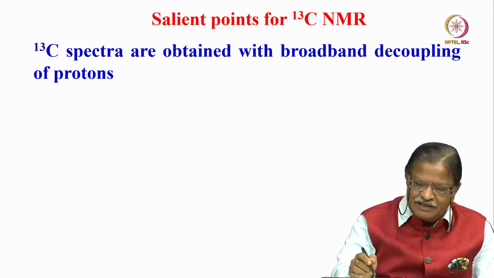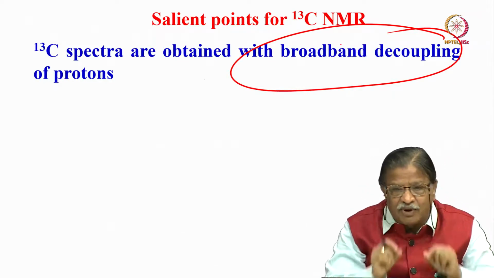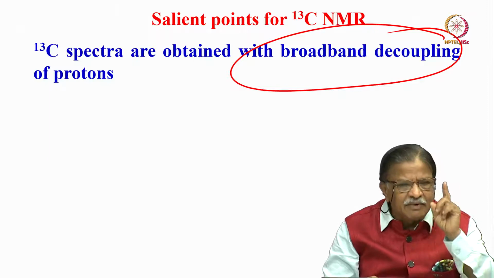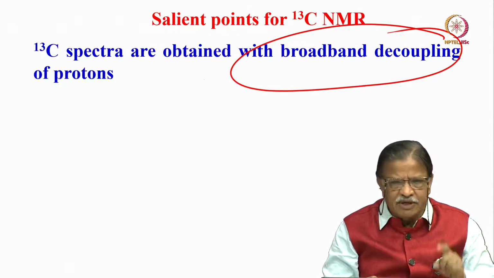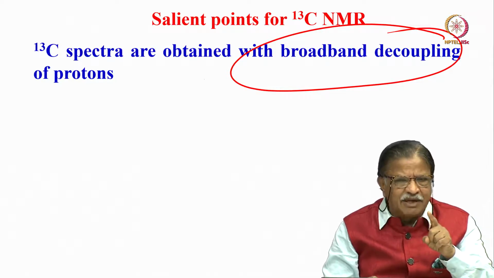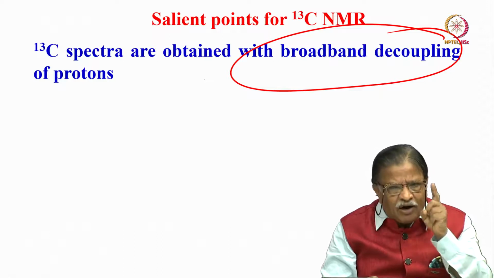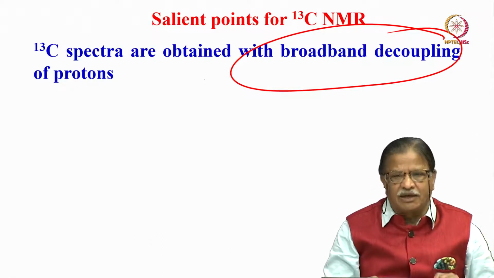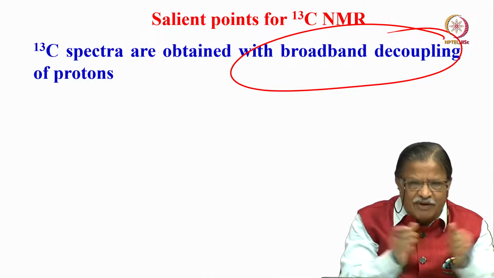Now another thing is, carbon 13 we always obtain by decoupling proton. What is decoupling? I have not discussed it here, but for that please go back to my previous course. Broadband decoupling means simultaneously we break the coupling of all carbons with all other protons. In a given molecule there may be n number of carbons.